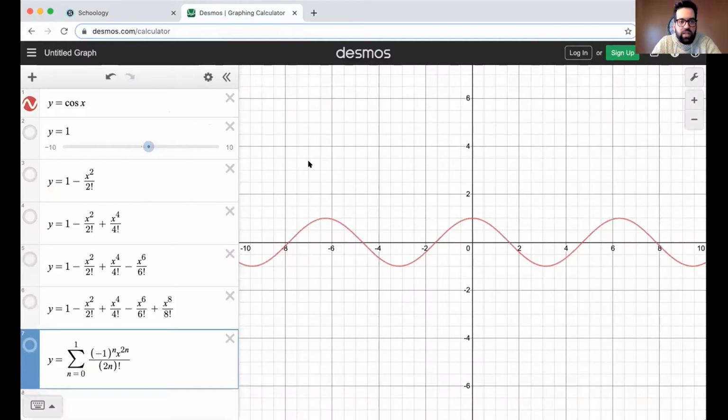So we're going to start with this. We looked at this a couple days ago when we started Taylor polynomials. I said, why don't we look at y equals cosine x? And instead of just having a tangent line, what if we tried to make a tangent curve that modeled pretty close to this point right here?